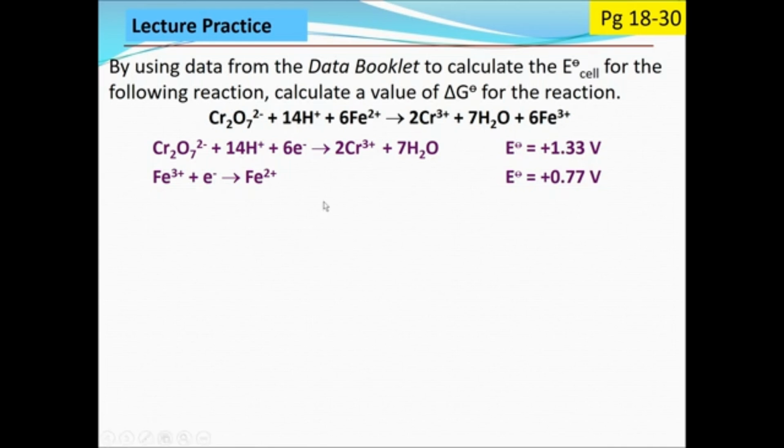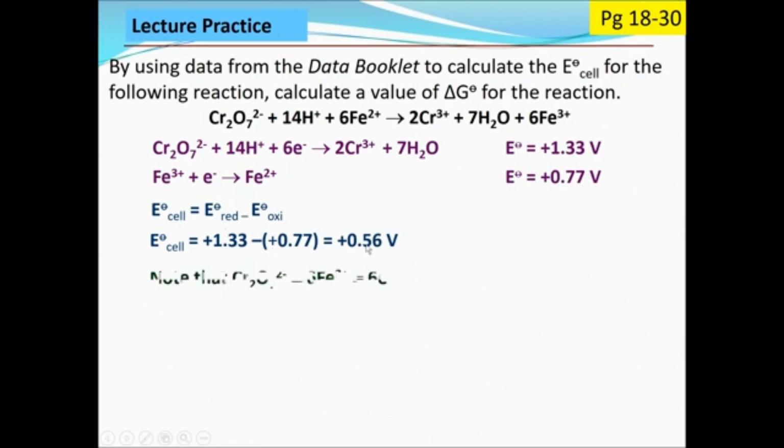Okay, I'll carry on. Having these correct values and looking at this, dichromate is getting reduced, so you have 1.33 minus 0.77. It gives you a positive cell potential value. This is a spontaneous reaction, it seems.